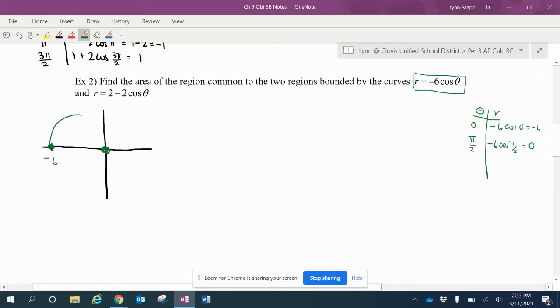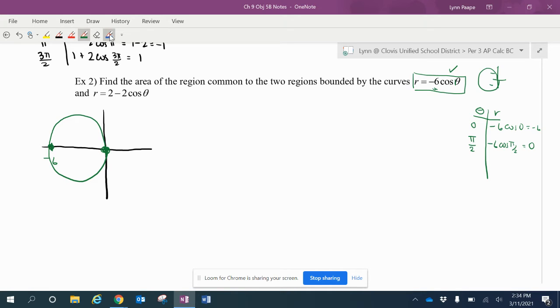So I know that this is a circle, or some people think of it as a single petal. Let's try to clean that up just a little bit here. That's going to erase that whole piece. Okay. And so what I'm looking at is, where is cosine negative? That's over here. And then it's kind of like a single petal, right? So a petal with a length of 6. And so that really is just a circle that would head to the left.